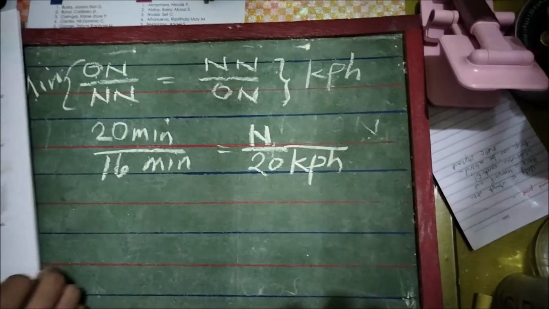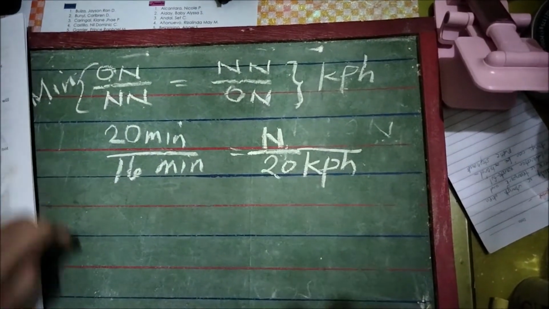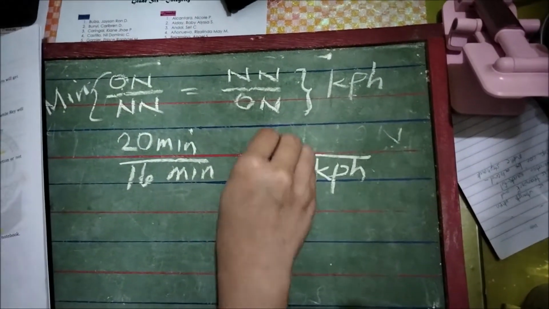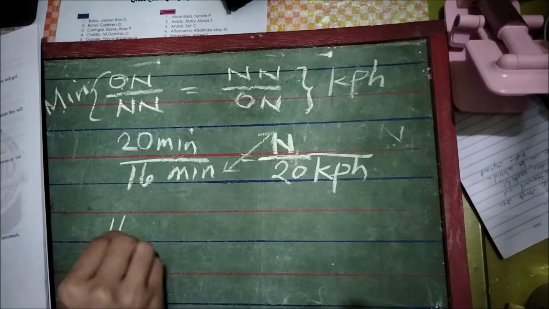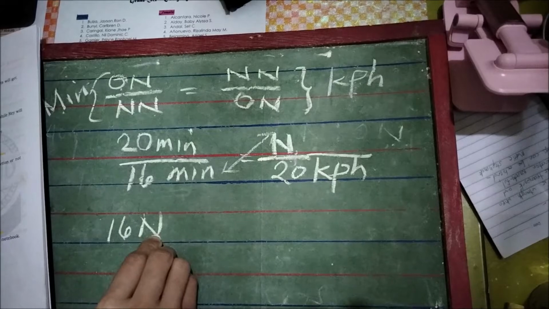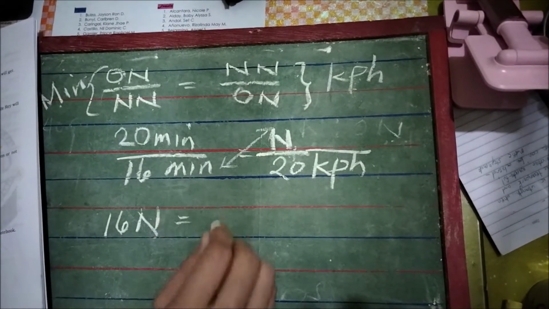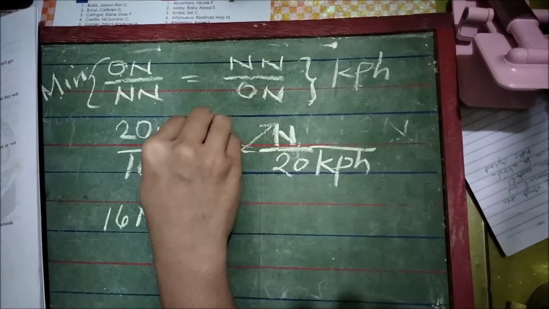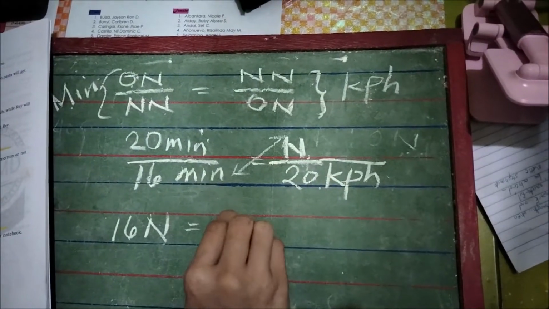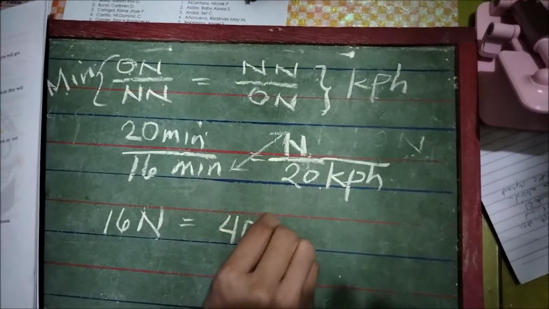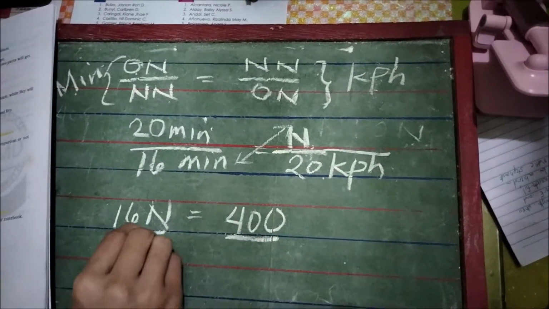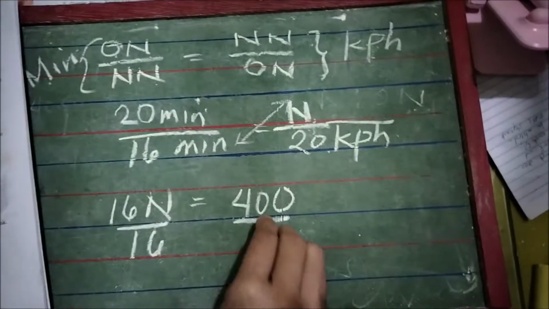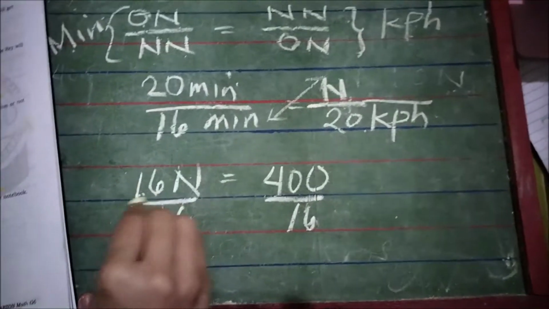So let us apply our means of solving it. We will multiply this one. We have 16n equals 20 times 20 is 400. So let us divide both by number 16. We have here the number 16.